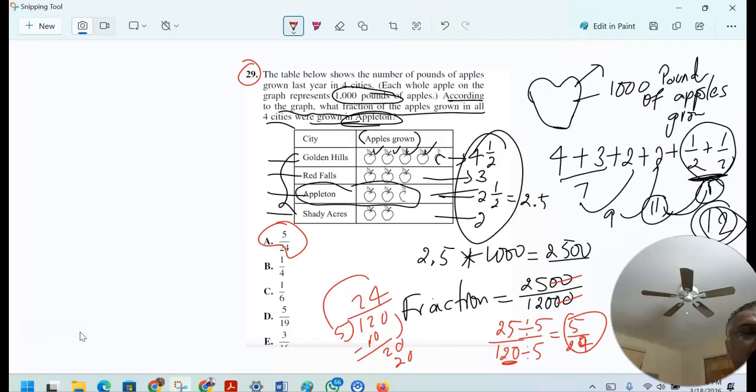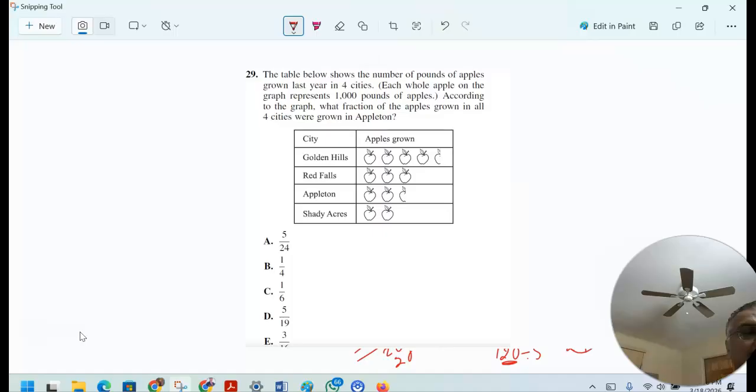I'm a little confusing because of the fraction. So the question is, can we do it without doing much of the work? You can see by just counting, these are 4, 5, 6, 7, 8, 9, 10, 11, and this together 12, right? So this will be 12 out of the total. And this piece in Appleton, there is 2.5. So that's 2.5, and multiply by 10 up and down.